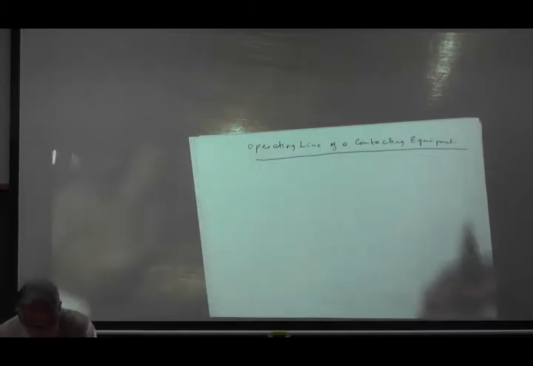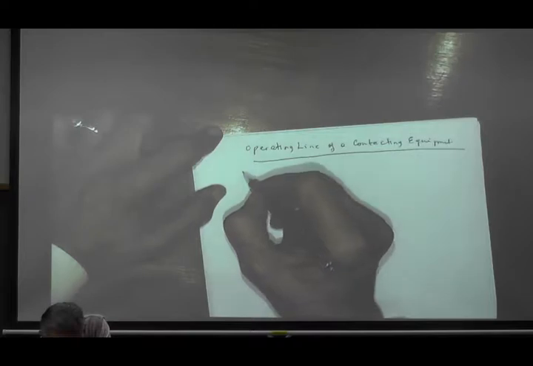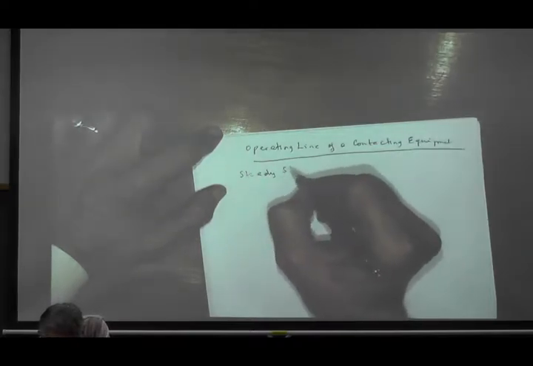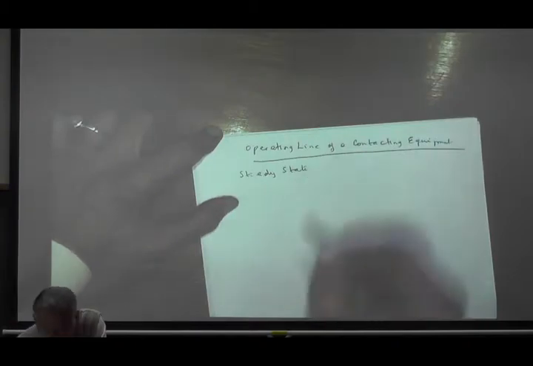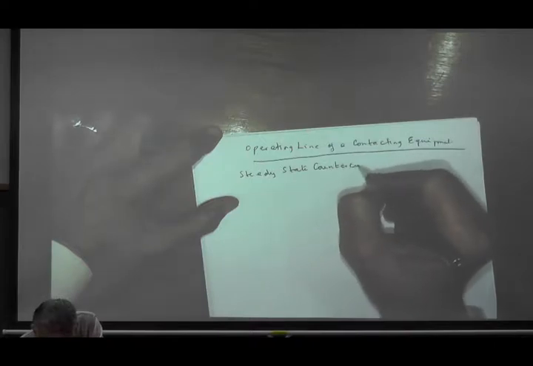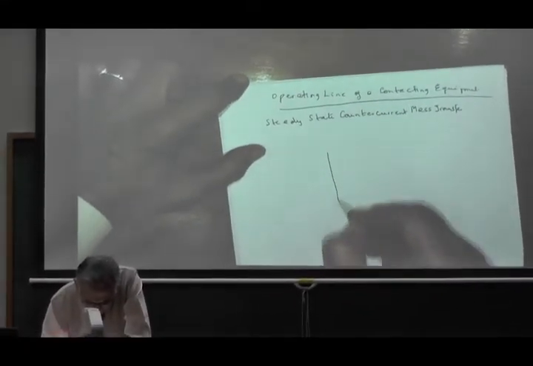So let's first look at the steady state counter current mass transfer. Steady state: things are not changing with time, they are changing with height. So let's say we have a column.